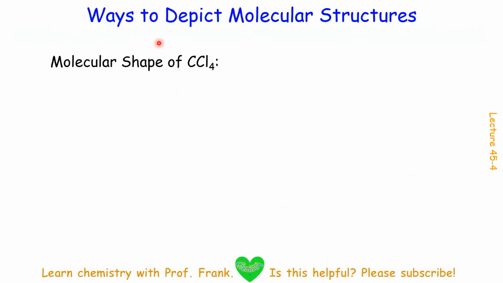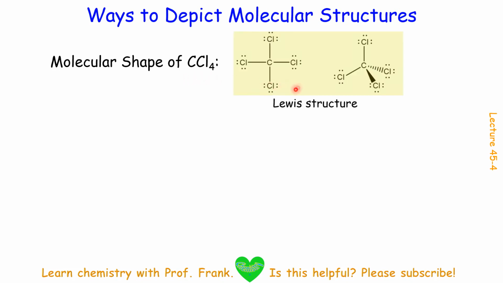There are different ways to depict molecular structures. Let's take the example of carbon tetrachloride. The Lewis structure can be shown in these two ways, but the second depiction is better than the first one.